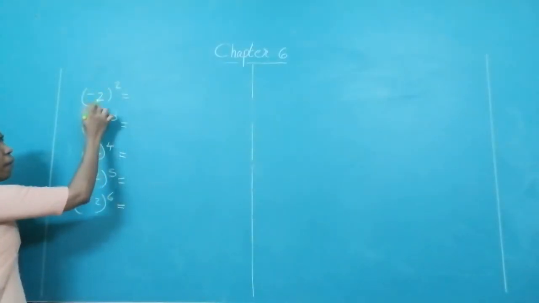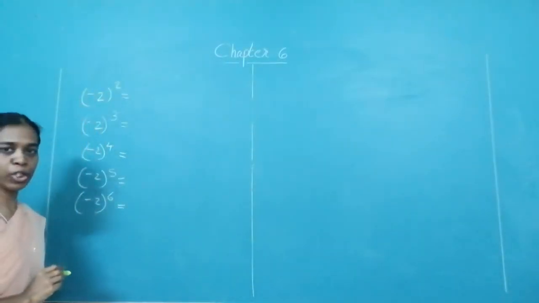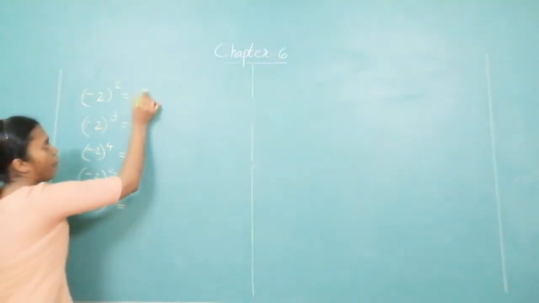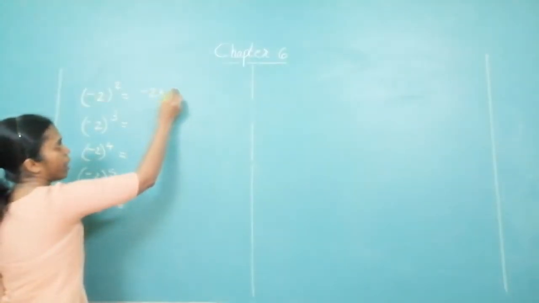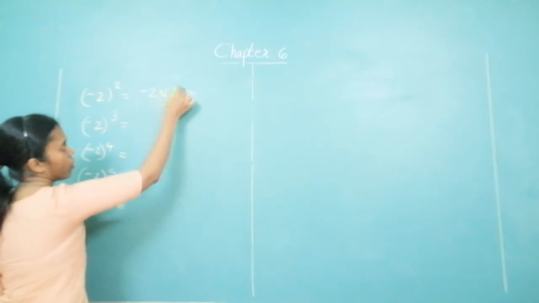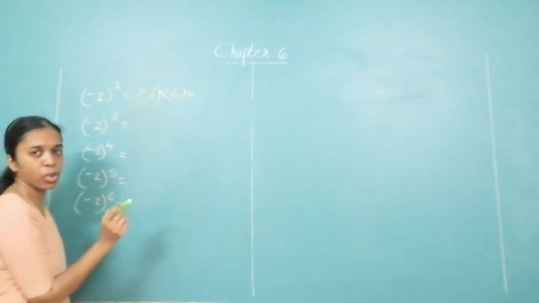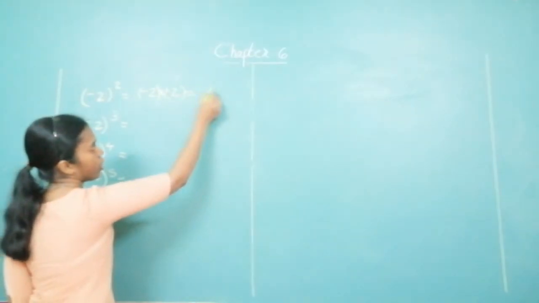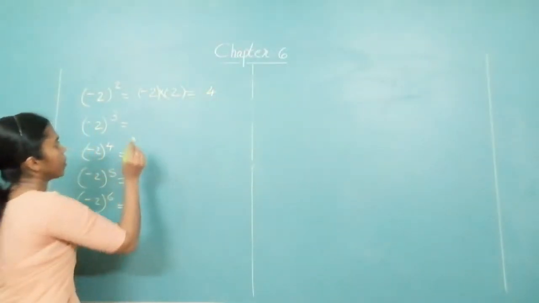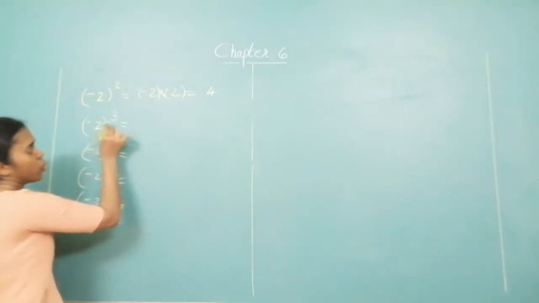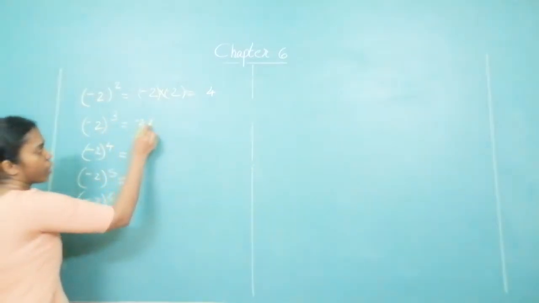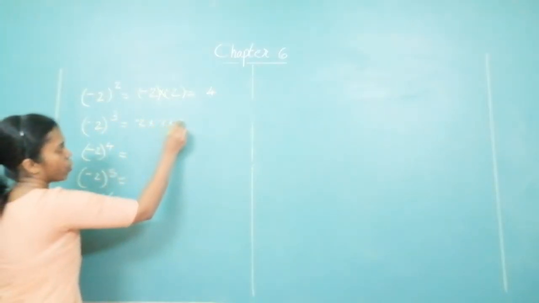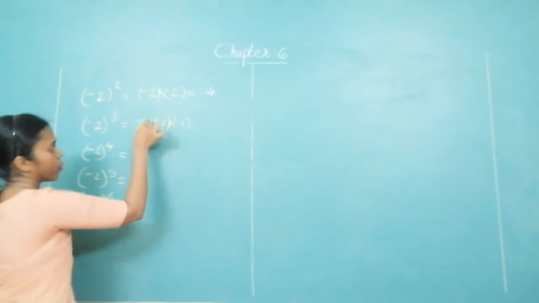Okay, you just look at it here. I have minus 2 raised to 2. Minus 2 into minus 2. Okay, what do I get? Minus 2 into minus 2. Minus into minus I get plus. 2 twos are 4. Okay. Now minus 2 raised to 3. How do I write it? Minus 2 into minus 2 into minus 2.